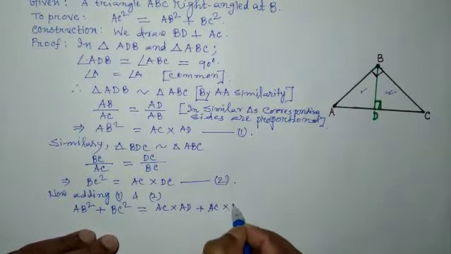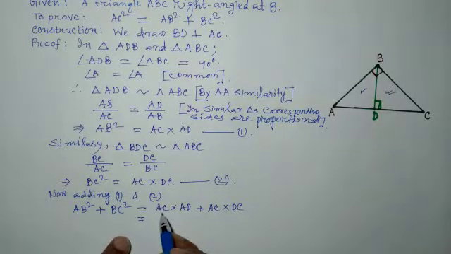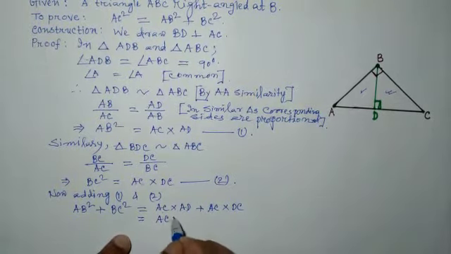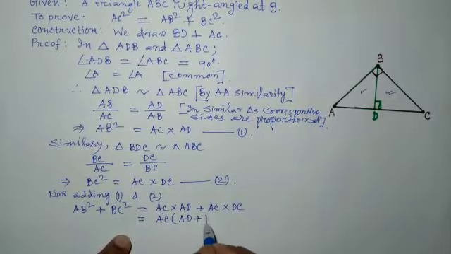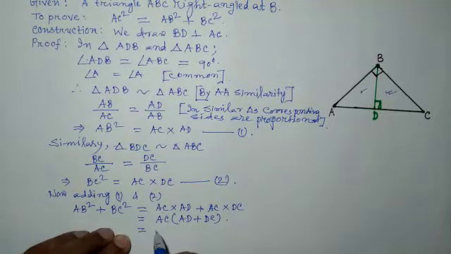Now we take AC common, so we write AC into AD plus DC.